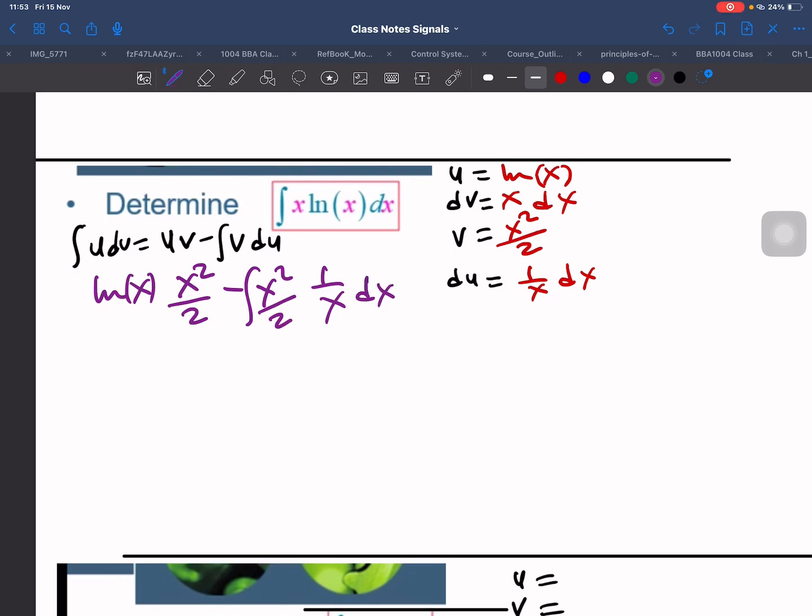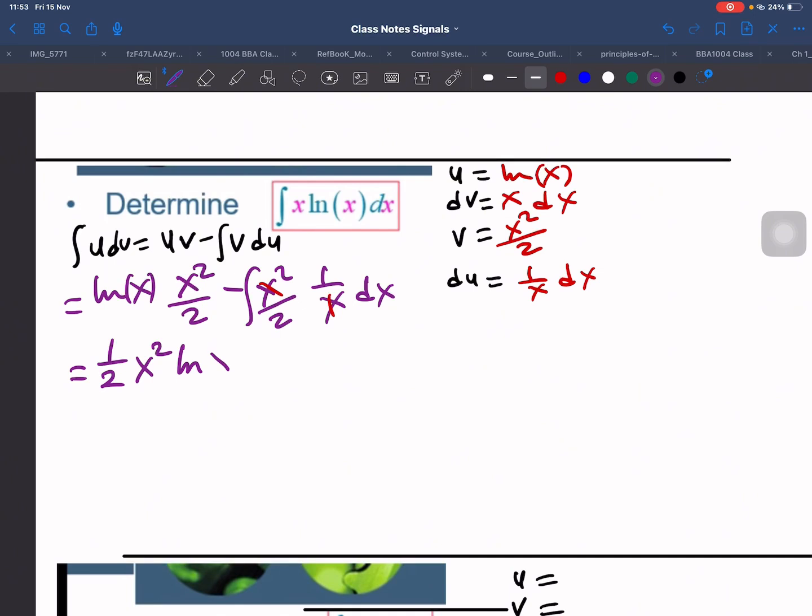So normally at this point, one x cancels one x, and we are now left with 1 over 2 x, and the first term equals 1 over 2 x squared ln x.